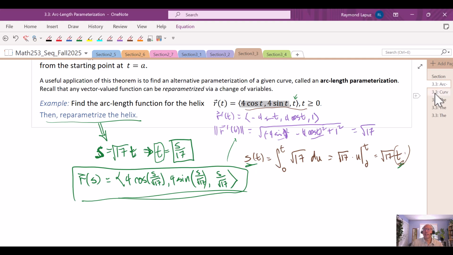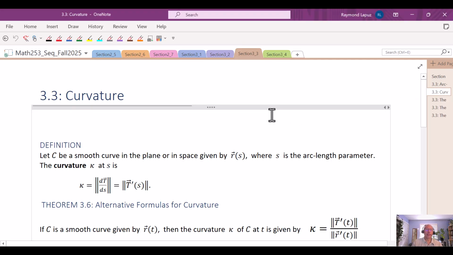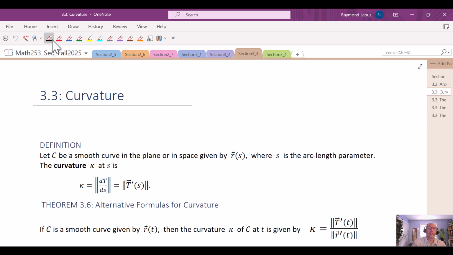Alright, so now getting to our main objective, which is looking at the curvature. The idea of curvature is trying to figure out how something curves. So let's just draw a random curve. This could be in space or not in space.